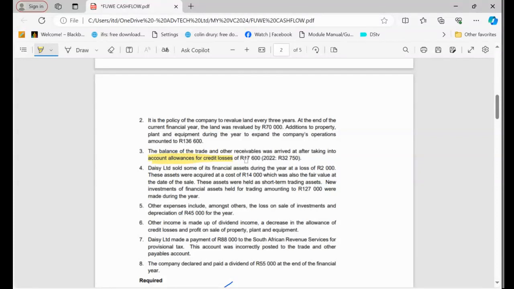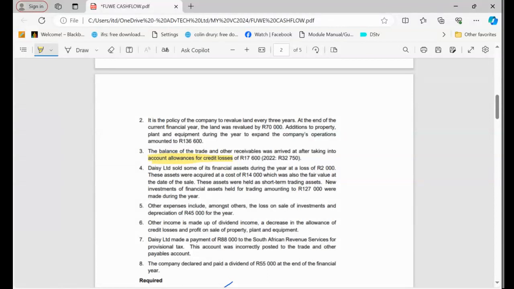From 2022 to 2023, is it an increase or decrease if you look at the amount? It's a decrease. A decrease, what do you think it will have as an impact? Is it going to have a positive impact or a negative impact? This is a positive impact.